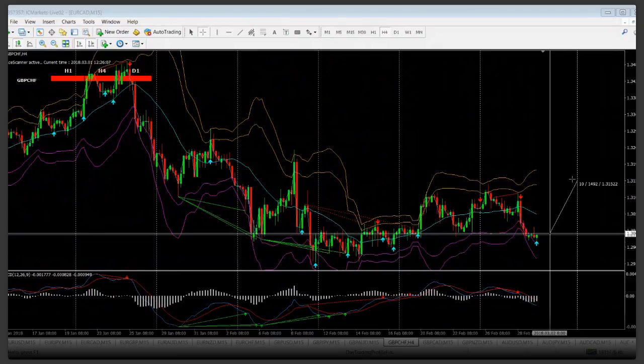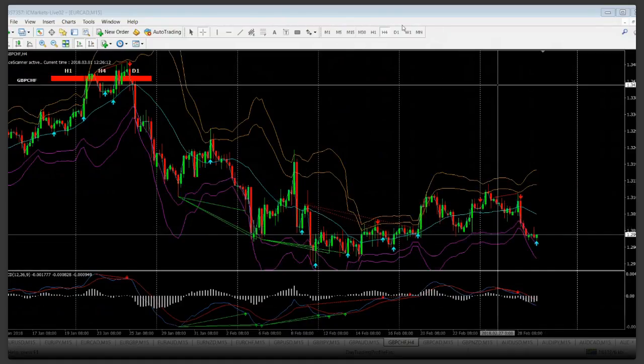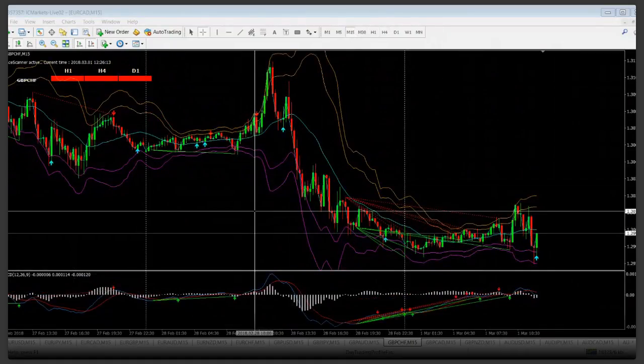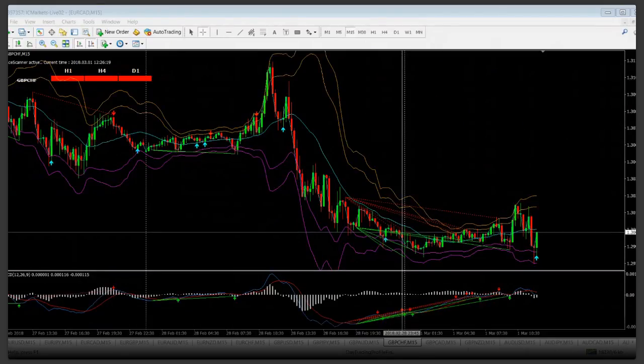So liking this for a move up in the short term. You see we're just in sideways action here. So another 5 minutes and I will look to enter that trade. Yeah, spread's only 1 pip, so it's all right.